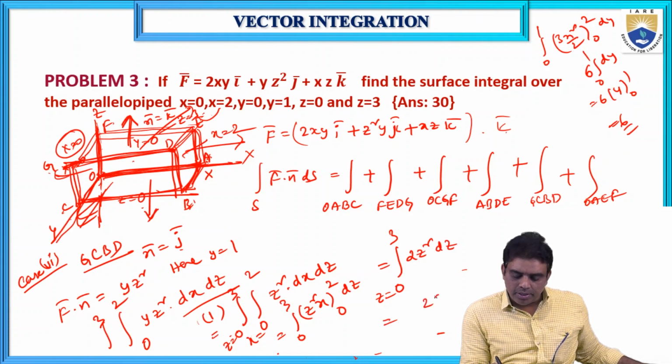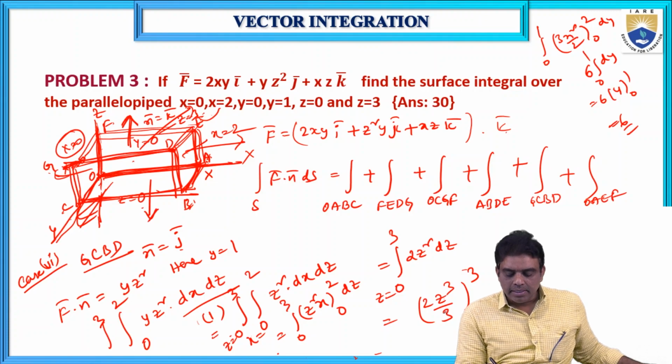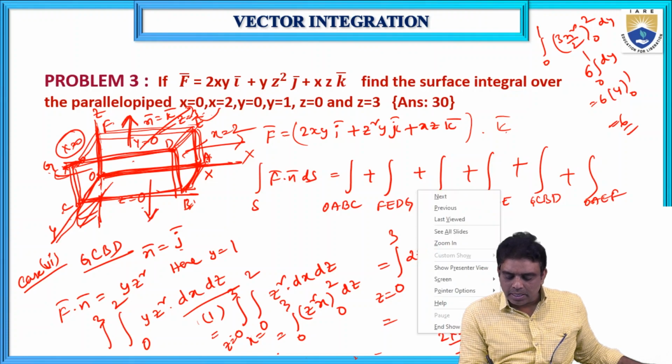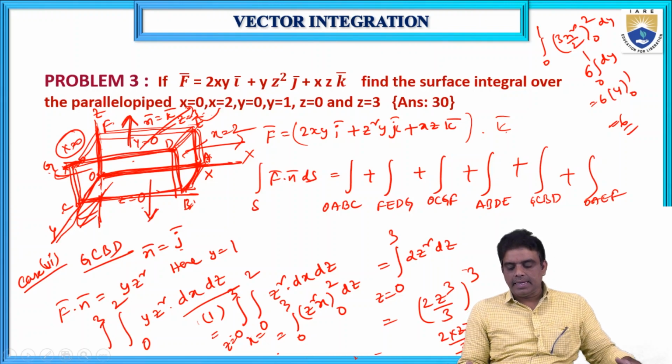Integrating between the limits 0 and 3, that is 2 into z cube by 3. Substituting, it is 2 into 27 by 3, and 3 nines are 27, 2 nines are 18. So the last integral is 18.